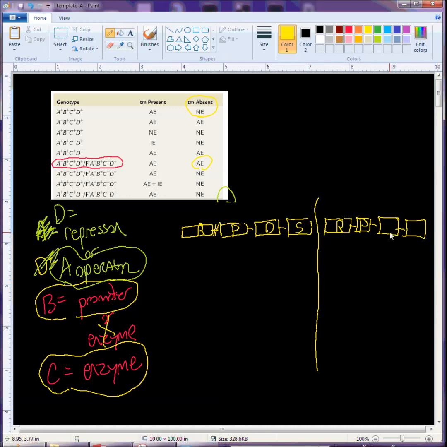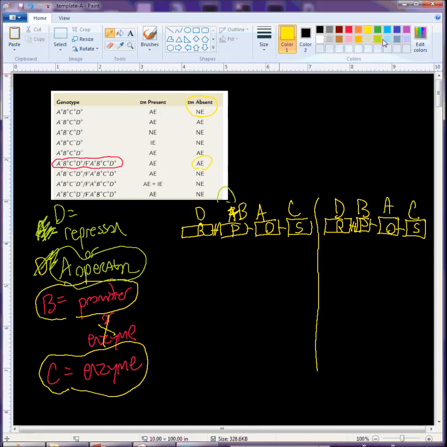Repressor, promoter, operator, and structural enzyme. Repressor is not usually part of the operon. And we have D, A, B, A, C. D, B, A, C.